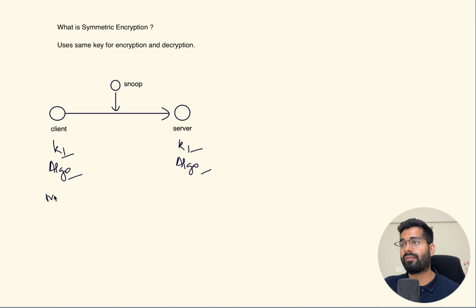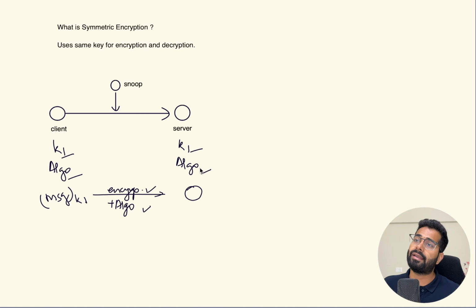Now, let's say you have a message and I've encrypted it with key K1. Now my encrypted message as well as the algorithm goes on the network, and the server now knows the algorithm that I've used, has the encrypted message, and will use the same key that it possesses to decrypt the message, and it reads the message, and similarly vice versa happens.